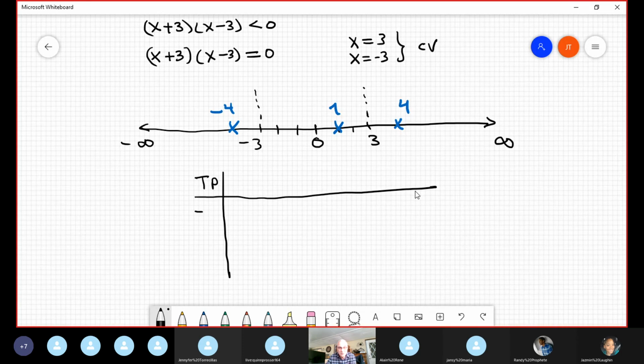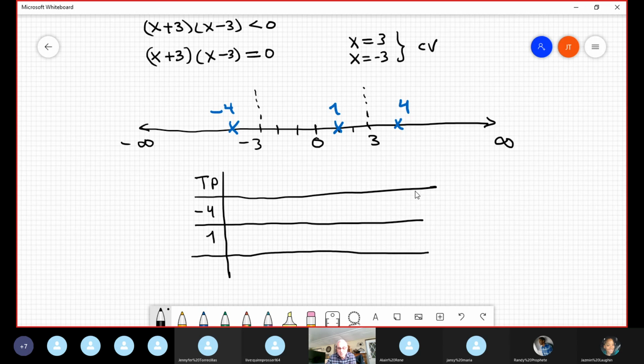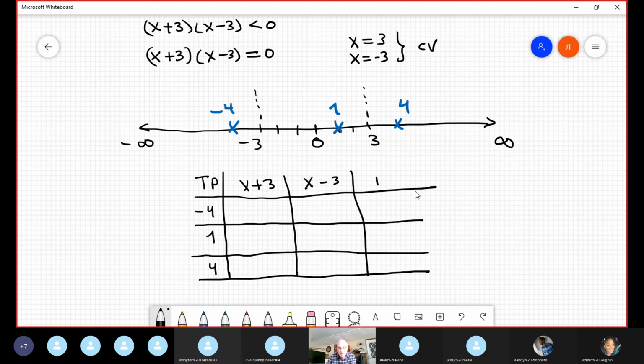So now we have negative 4, positive 1 or negative 1, whatever you want to select in between negative 3 and positive 3, and positive 4. The factors involved in my problem are x plus 3 and x minus 3. I put a total column. This is negative, this is negative, this is positive. This is positive, this is negative, this is negative. And 4 is positive and positive.